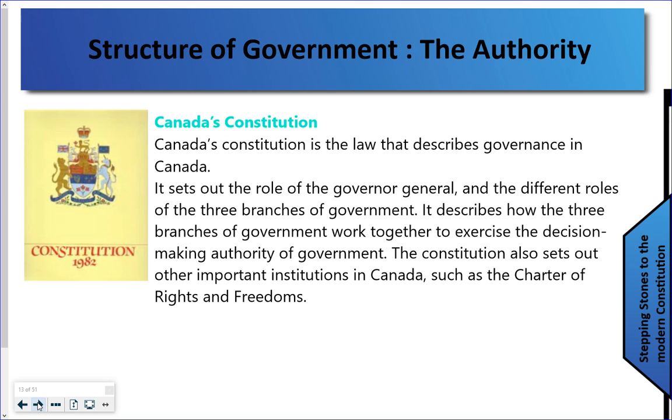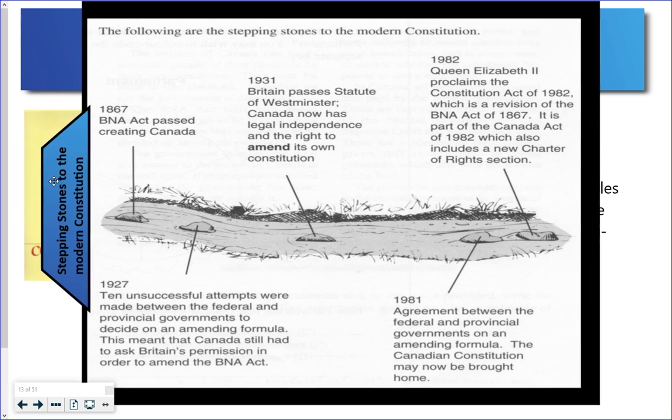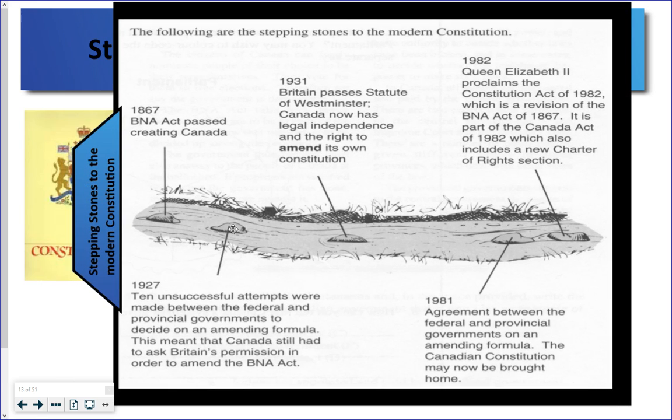It describes how the three branches of government work together to exercise the decision-making authority of government. The Constitution also sets out other important institutions in Canada, such as the Charter of Rights and Freedoms and the amending formula. This here is a slide that shows the stepping stones to sovereignty of our modern Constitution.